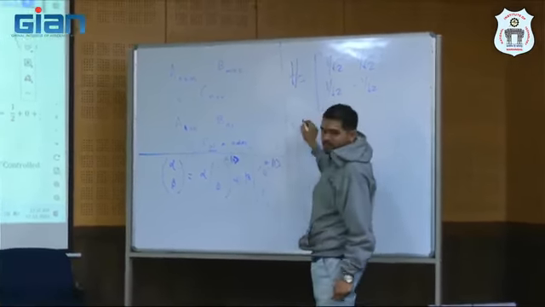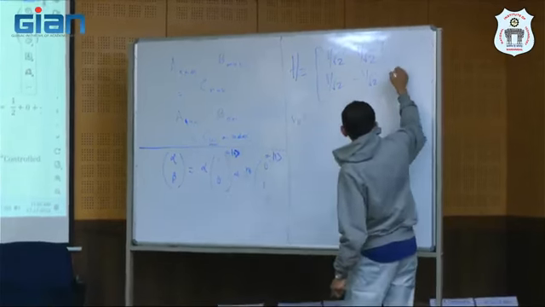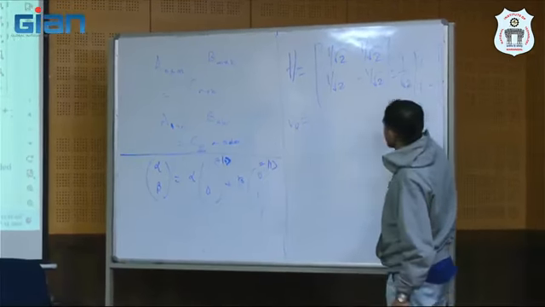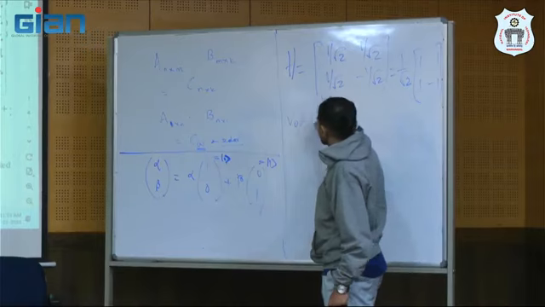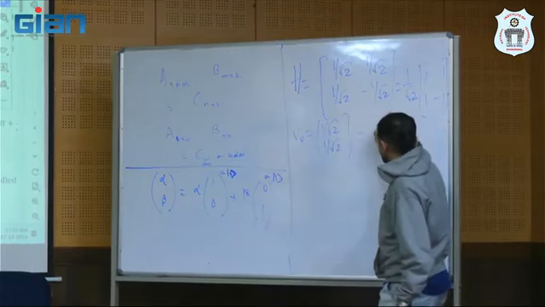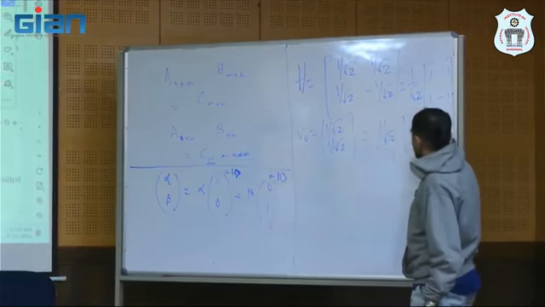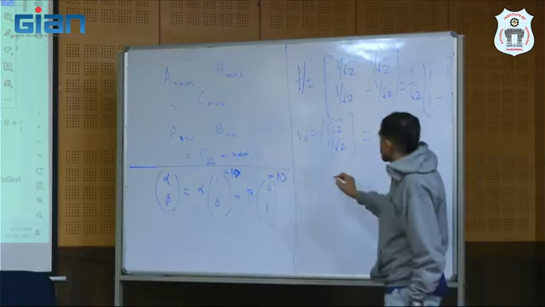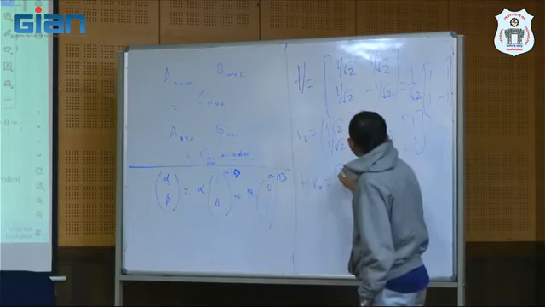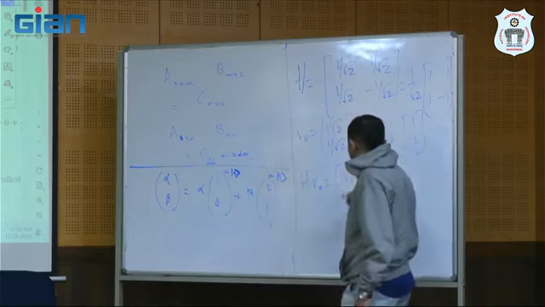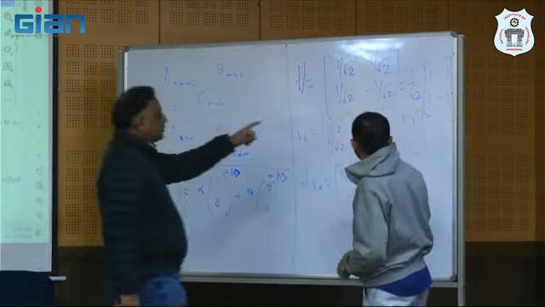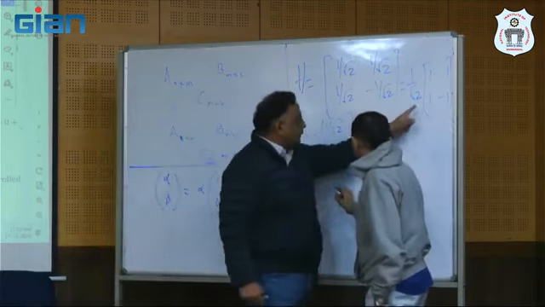You can also do that. Take 1 over square root 2 outside and then you can do 1, 1, 1, minus 1. Yes. Okay? For V0 also you can take out 1 over square root 2 if you want. Yes. Now you multiply. H times V0. What is that? You can multiply the scalars separately. You see, you have these numbers outside, right? You multiply them separately. A matrix you multiply separately.